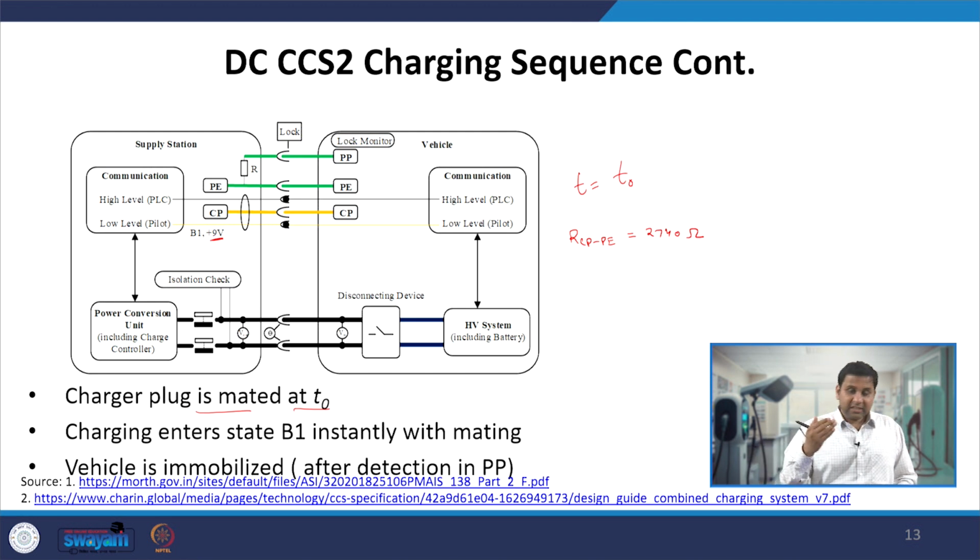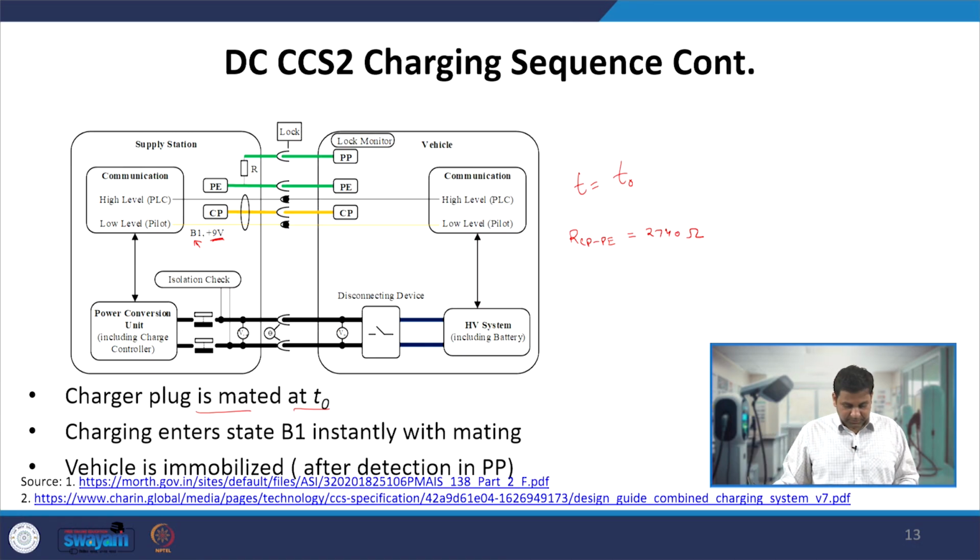So the voltage level of the CP line will be plus 9 volt, and that indicates we have the B1 state. So the charging enters into the B1 state instantaneously whenever the charger plug gets mated with the vehicle inlet connector.